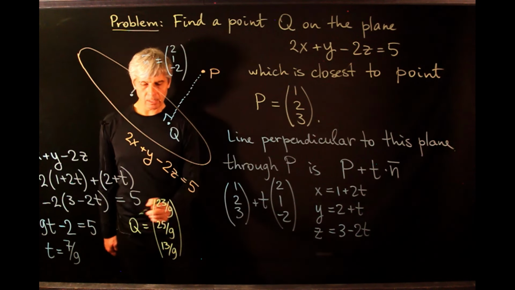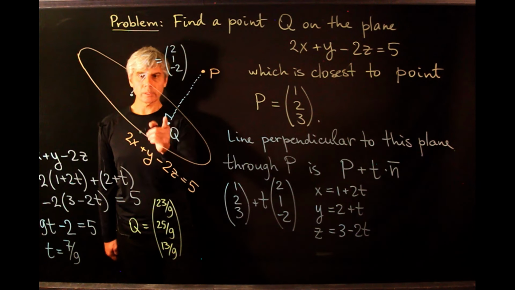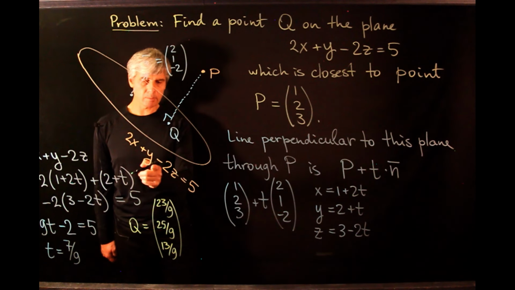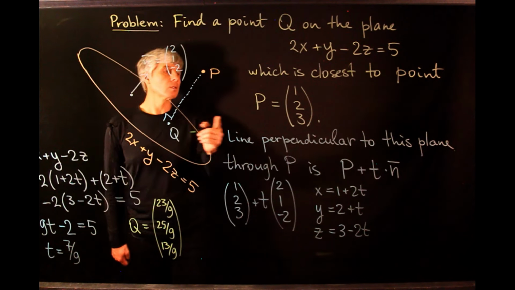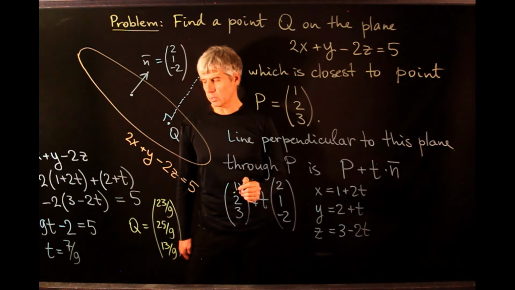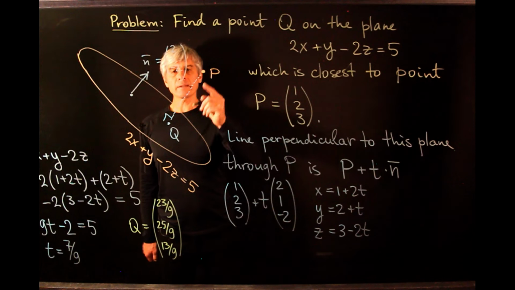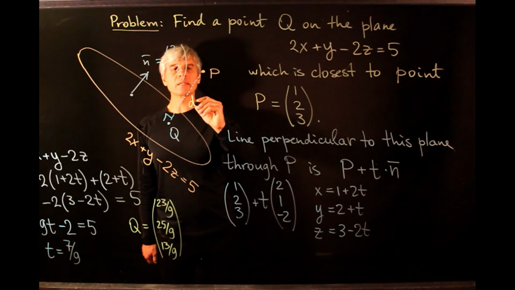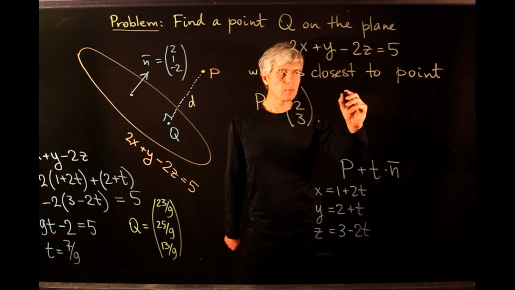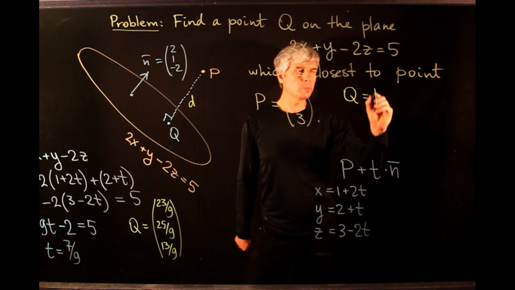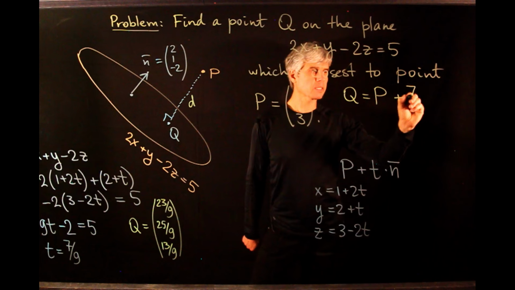So this is the point on the plane 2x plus y minus 2z equals 5, which is closest to the point P with coordinates (1, 2, 3). Now, finally, let us find the distance d between the point P and the plane. Here we obtained that Q is equal to P plus 7 over 9 n.